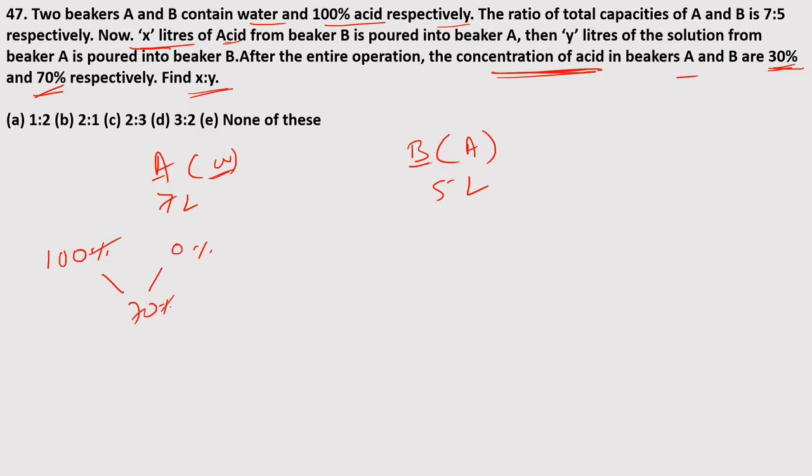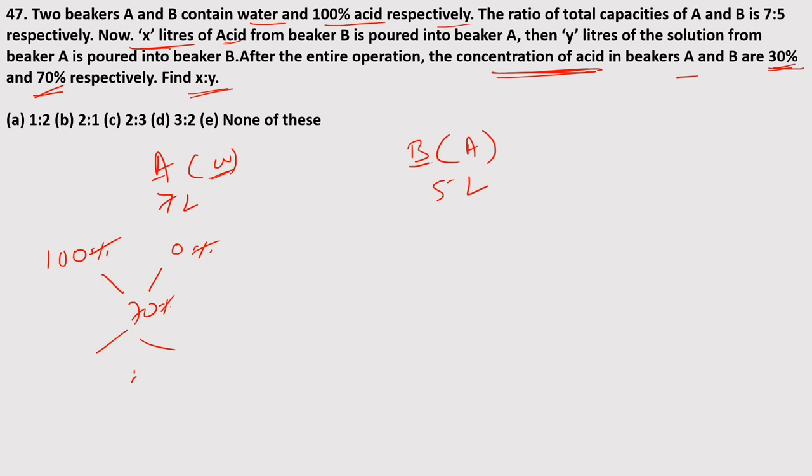Finally, overall in beaker A there is 30% acid, means 70% has to be water, right? So percentage will get cancelled out from all sides. This has to be 70 is to 30, so 7 is to 3.